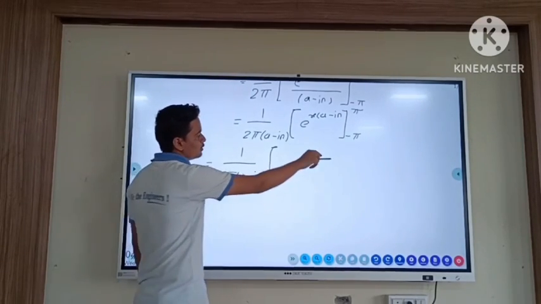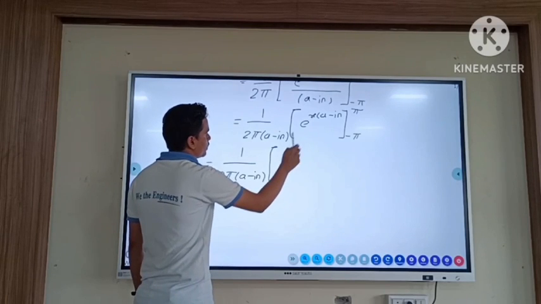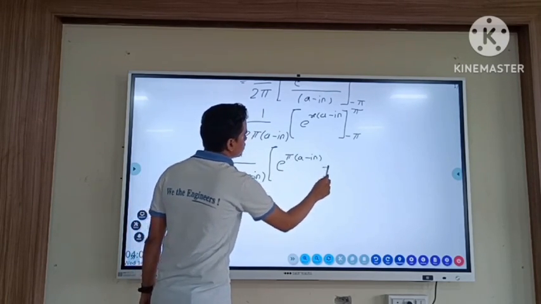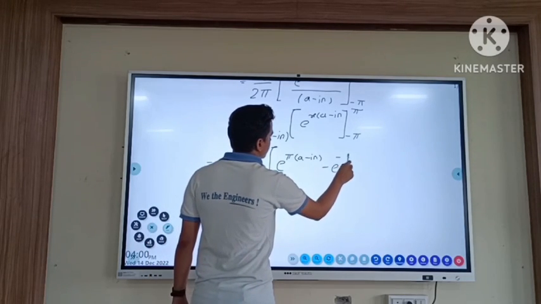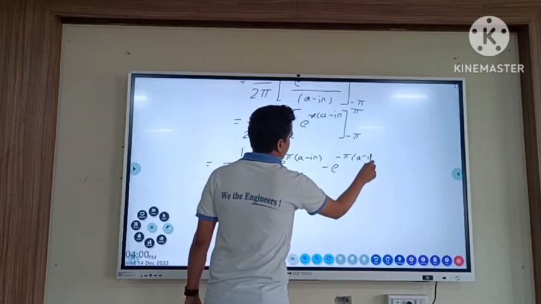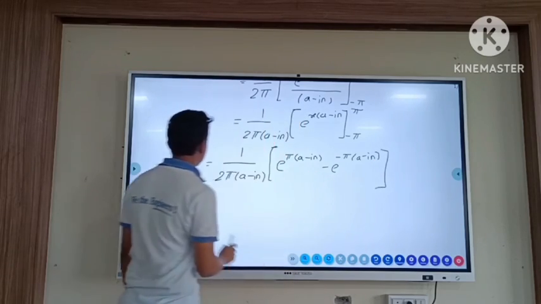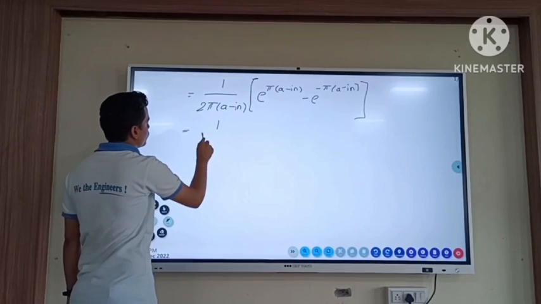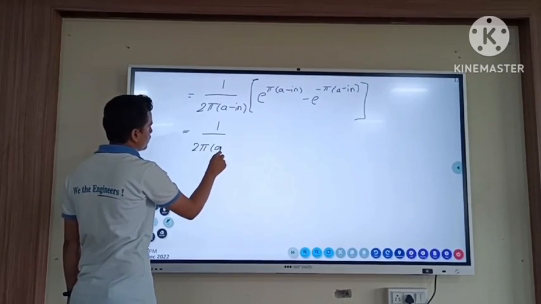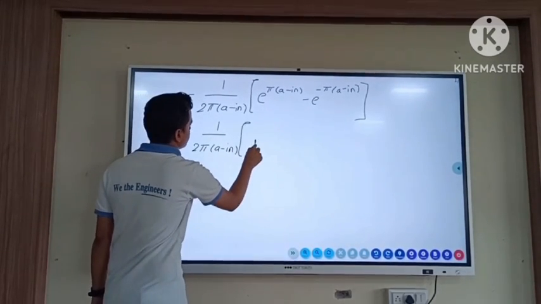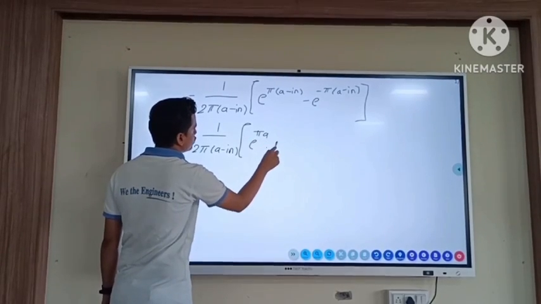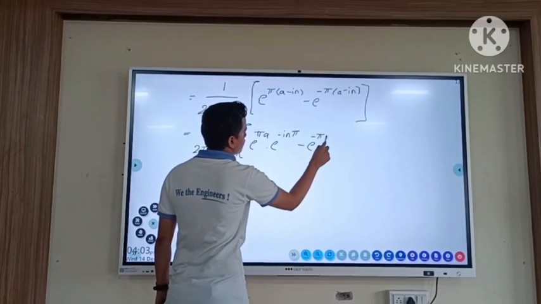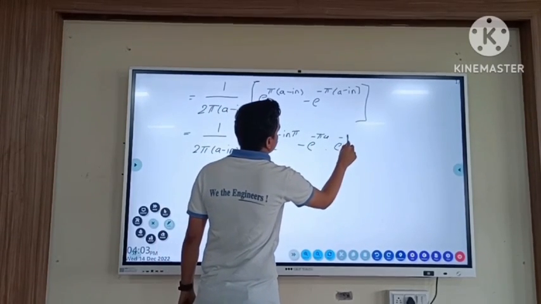First we put the upper limit, e raised to pi into a minus in, minus the lower limit, e raised to minus pi into a minus in. So 1 upon 2 pi a minus in, e raised to pi a into e raised to minus in pi, minus e raised to minus pi a into e raised to in pi.